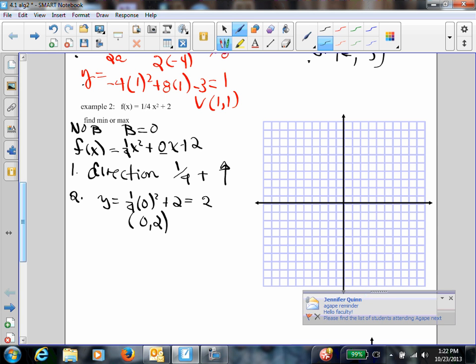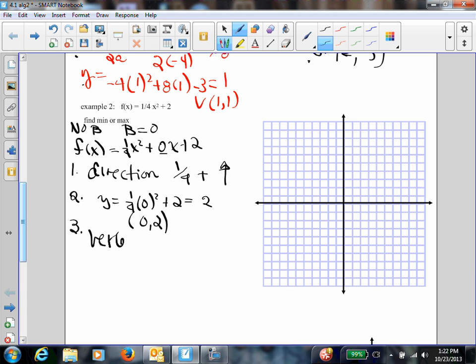Okay? What's step 3 asking of me? The vertex, okay? What equals negative b over 2a? X equals negative b over 2a. But what did we say b was? 0 over twice 1/4, where 0 over anything is what? Okay?